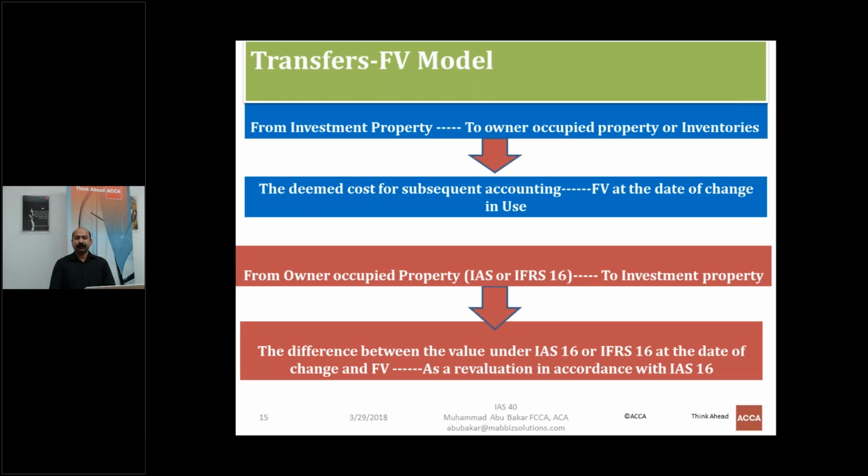Transfers, fair value model. If you transfer from investment property to owner occupied property, the deemed cost for subsequent accounting will be the fair value at the date of change in use. This is very clear.